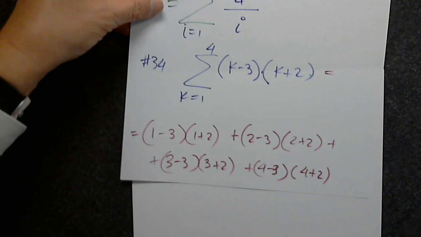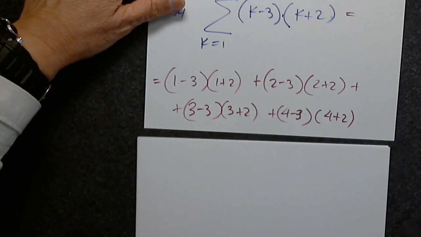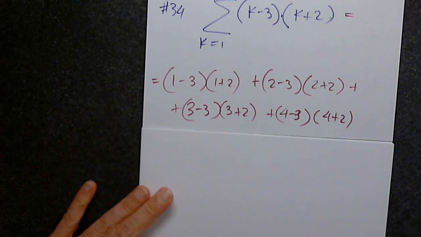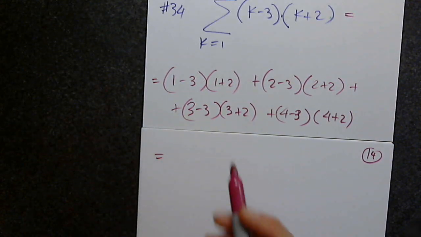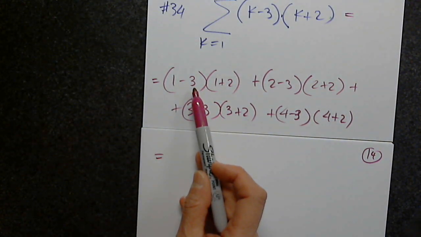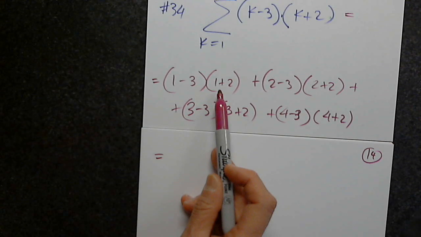So k is the index. We have not finished. k is the index, correct, and that's why we just replaced with 4 numbers in chronological order, because k equals 1 through 4. So k is 1, 2, 3, and 4. Of course. Good. 1 minus 3 is negative 2, negative 2 times 3 is negative 6.